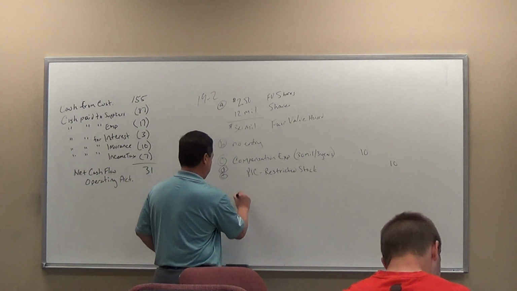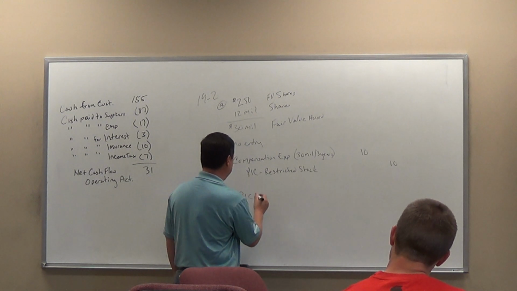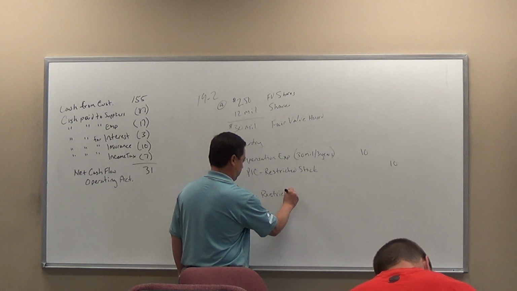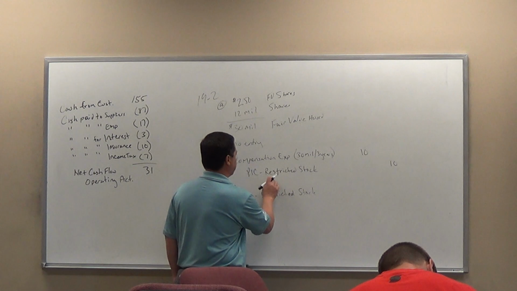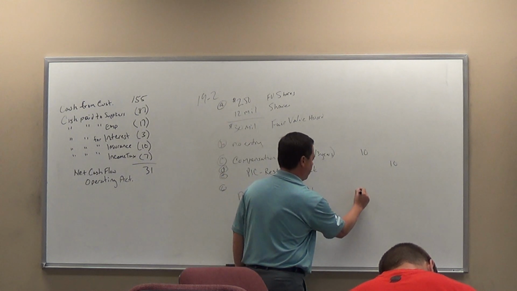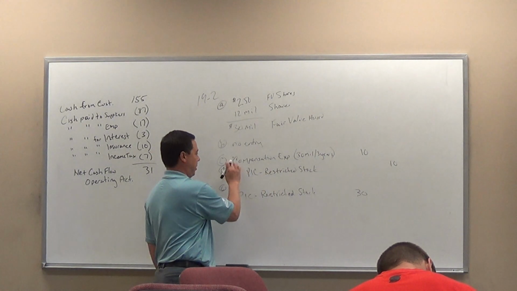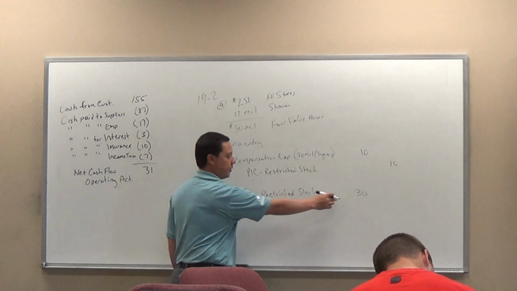So we have that, 6 or 5, E, F. Okay, so we have 30 of that, right? We have restricted stock. We had 3 of these for 3 years, so that's where I came up with the 30 here.